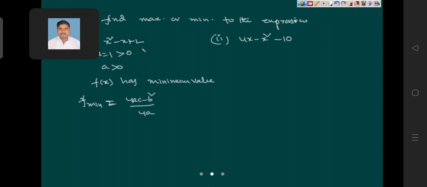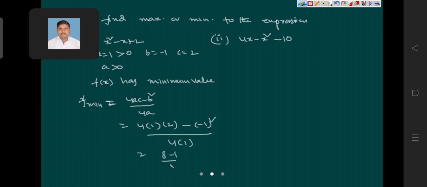Here b is minus 1 and c is 2. That is 4 into 1 into 2 minus 1 whole square, by 4 into 1. 4 twos are 8, 8 minus 1 is 7, by 4. So 7 by 4 is the minimum value.